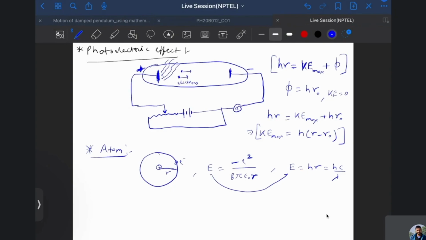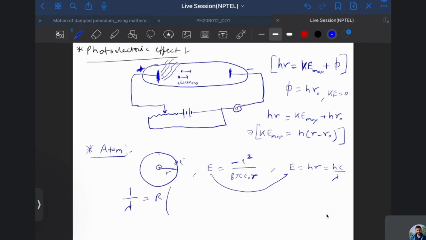And if an electron transitions from an excited state to a different excited state, the wavelength of light that is emitted can be calculated by this formula.